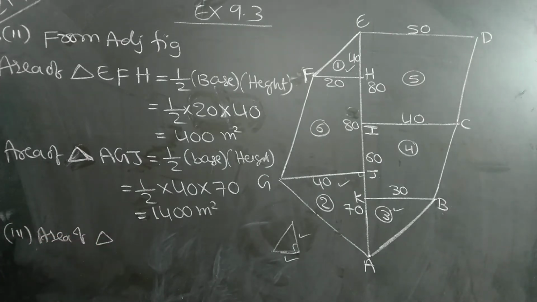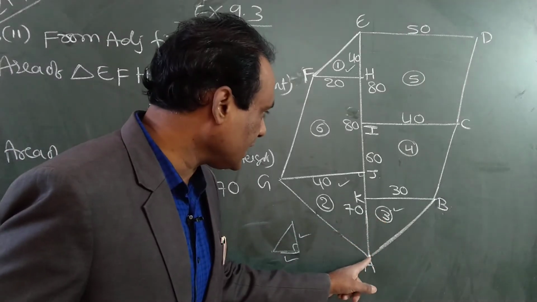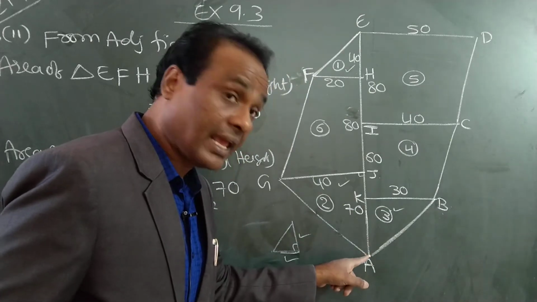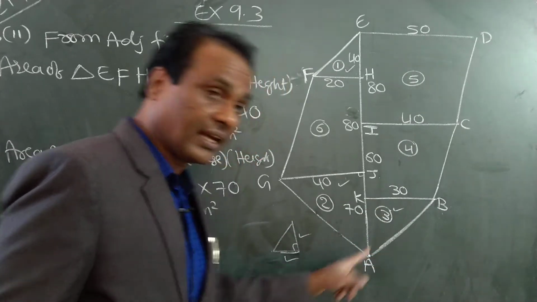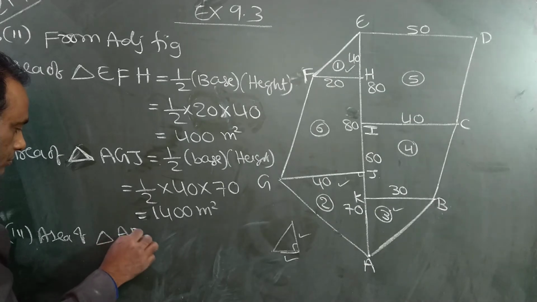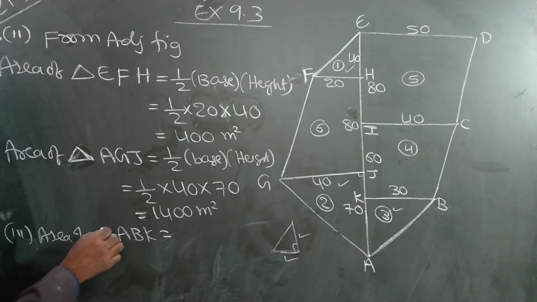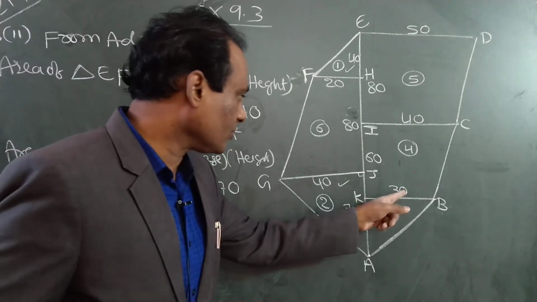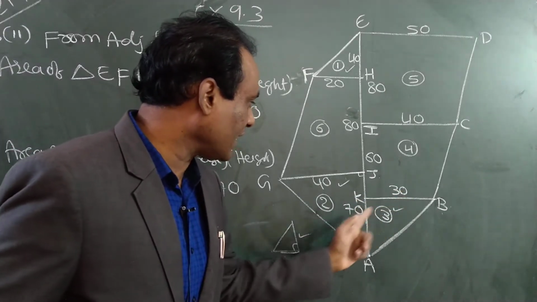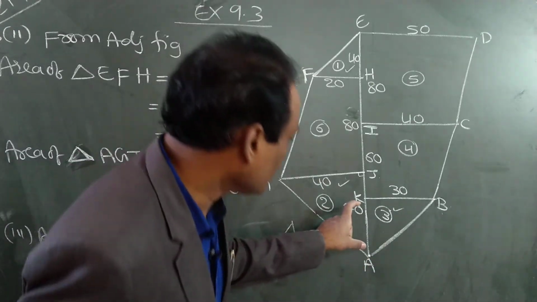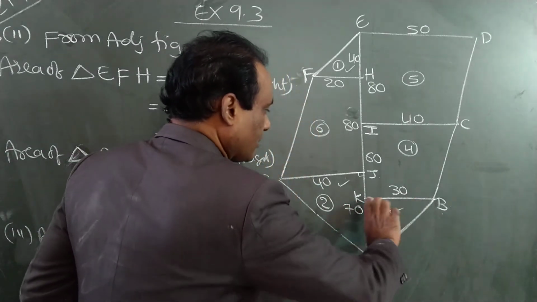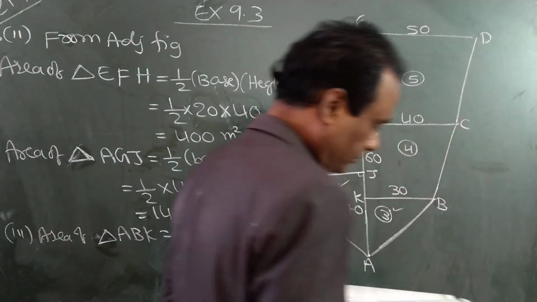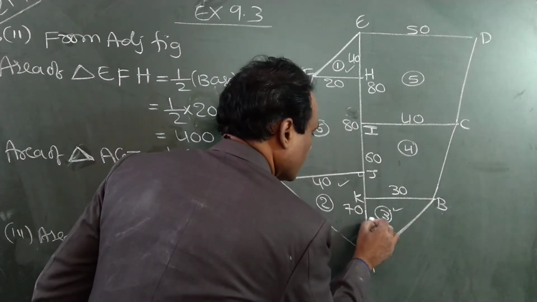Area of triangle. What is the name of this triangle? ABK. ABK area. Half. In this, one is base and the other is height. This dimension is the base, 30, and this dimension is given as 50.